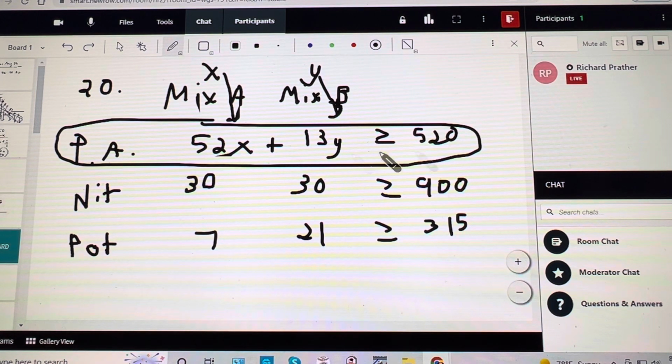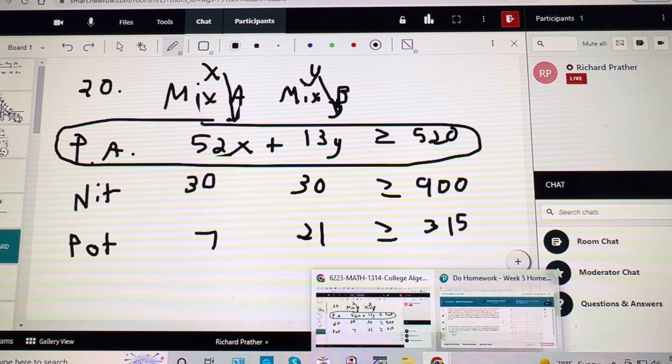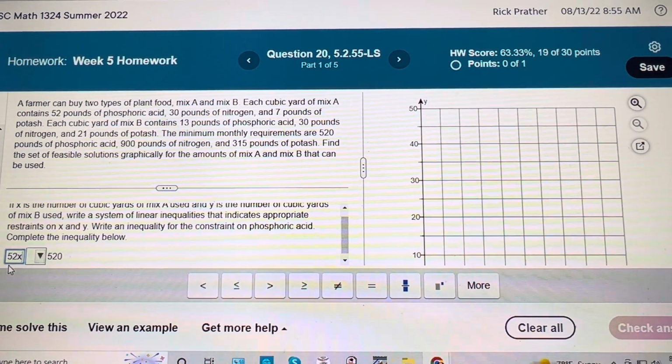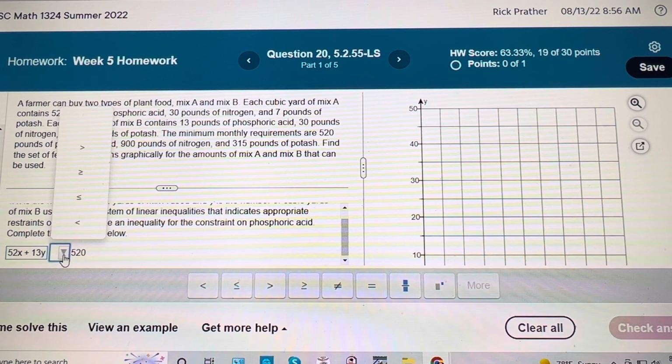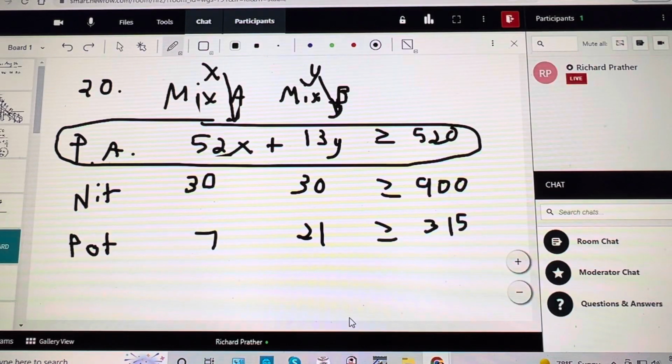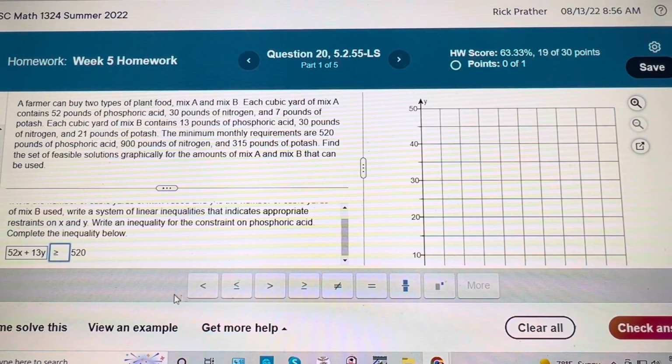Now you have to get this yourself out of the paragraph. 52x plus 13y is greater than or equal to 520. That's what minimum means. You can't be less than that. It's everything but that. Everything but less than, which is greater than or equal to.